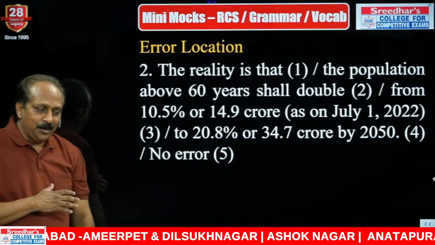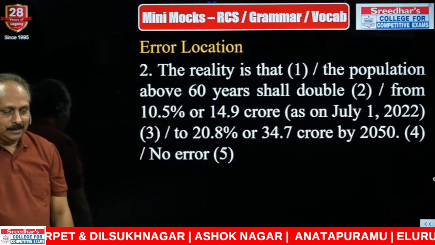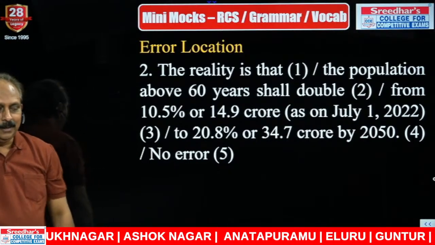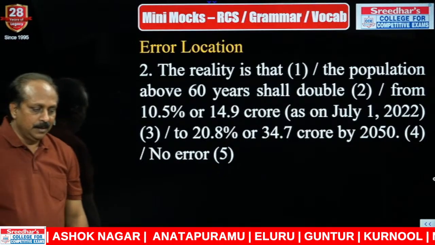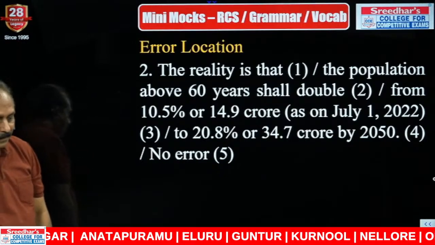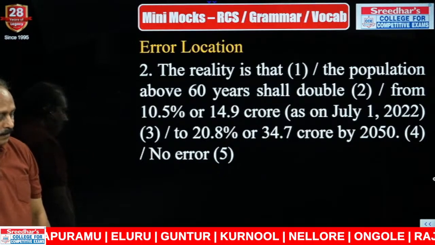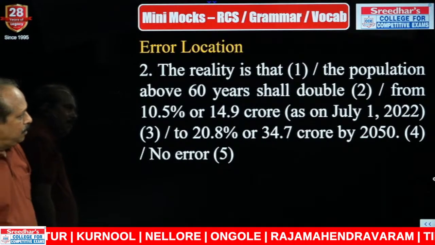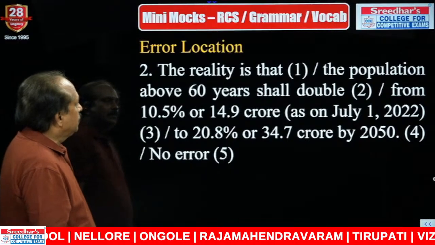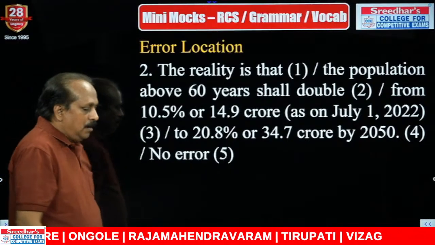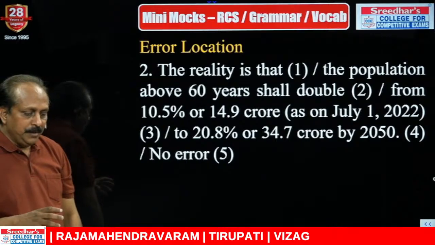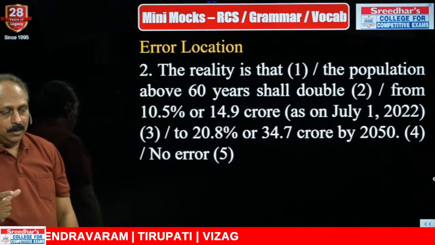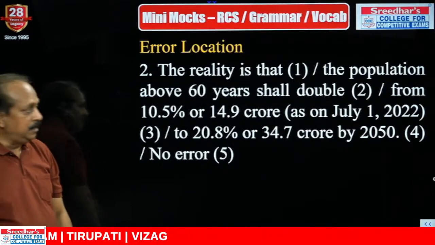Not from this editorial, some other editorial, but related to aging, population, demographic data. May double. You got it, Lakshmi, but not the exact word. You could make out where the error is.